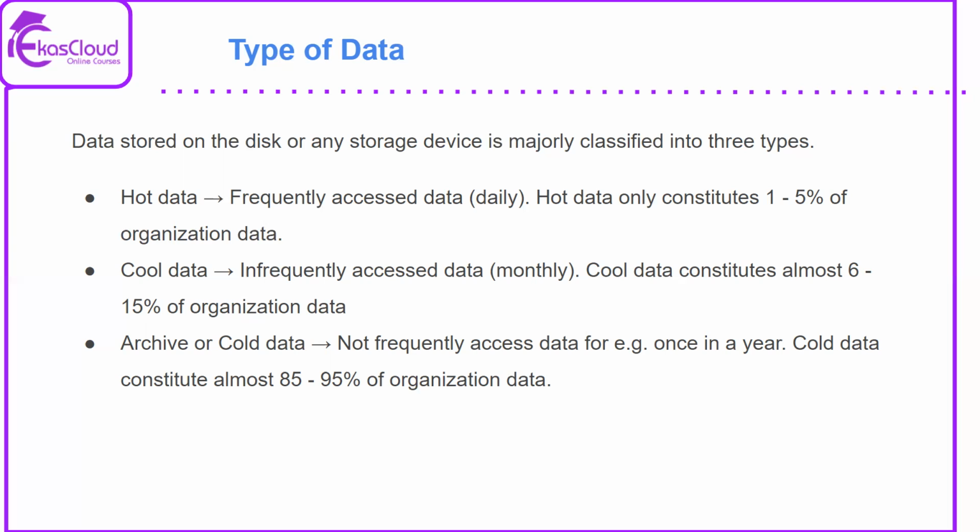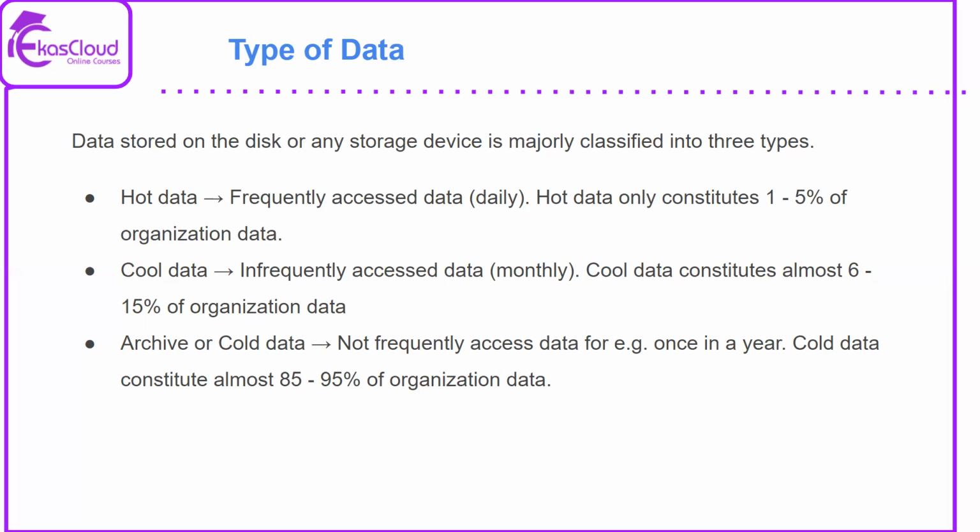So we classify them as hot data. Cool data is some document after the project is finished, or you're only using it for reference. So once in a month or so you go there, access it, create some report, and you're accessing that report on a monthly basis. That's classified as cool data. The hot data constitutes only a very, very small chunk, including the cool data.